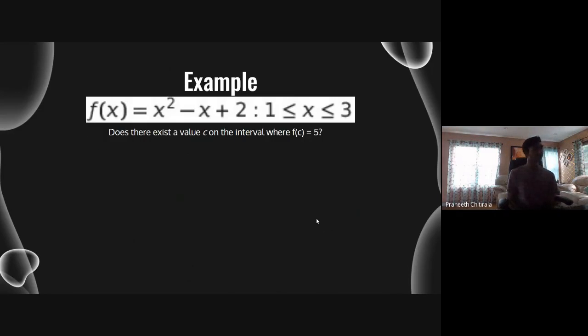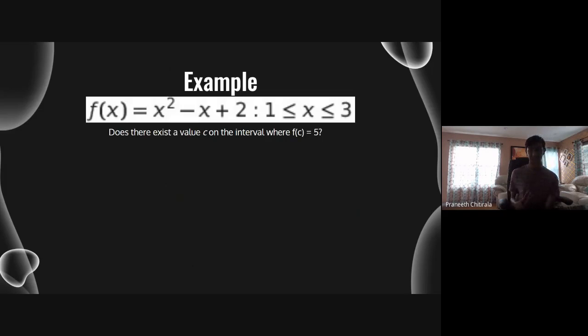So an example: does there exist a value c on the interval where f of c equals 5? Or in other words, in this interval, does f of x equal 5 at some point?